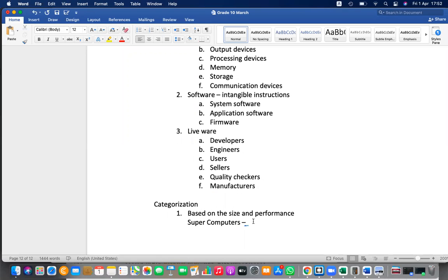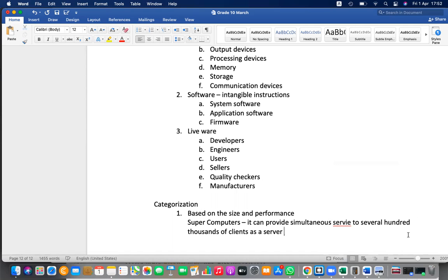Supercomputers, please write down. They can provide simultaneous service to several hundred thousands of clients as a server.